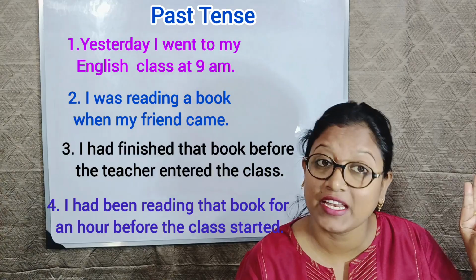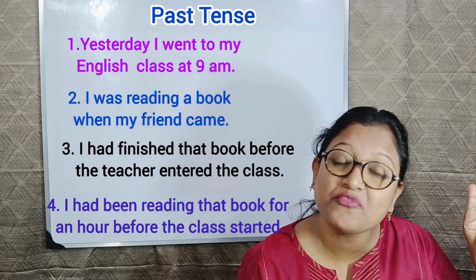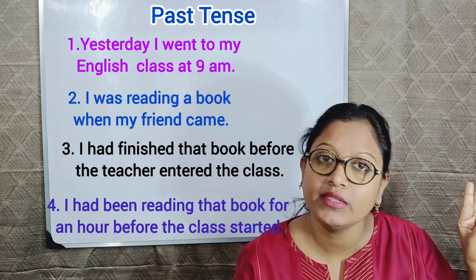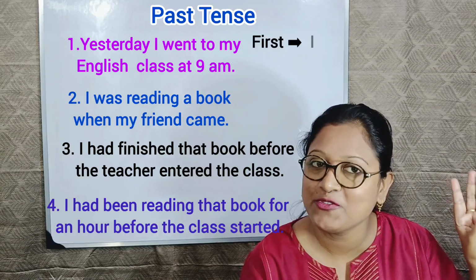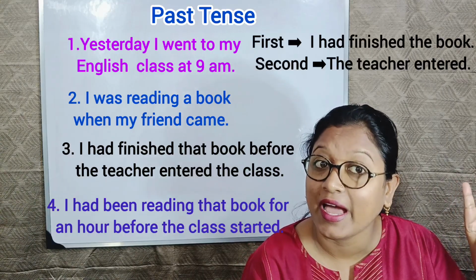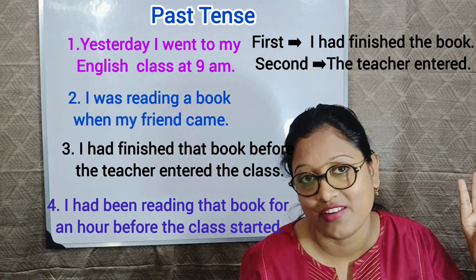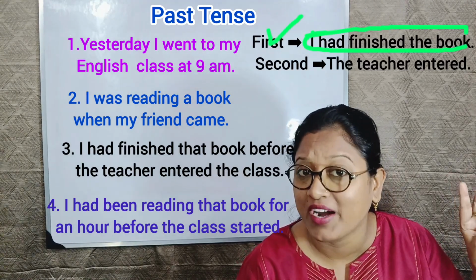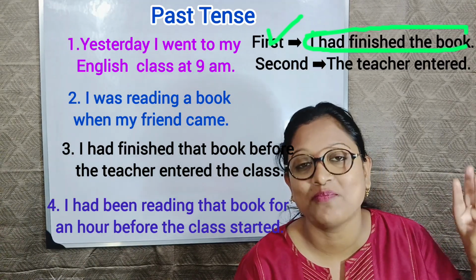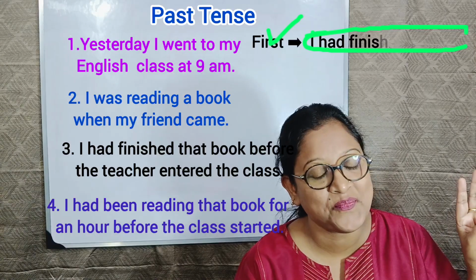I had finished that book before the teacher entered the class. Both the actions are in the past, but you see, I had finished the book first. After that, the teacher entered. So the action that happened first, that is past perfect. Clear?